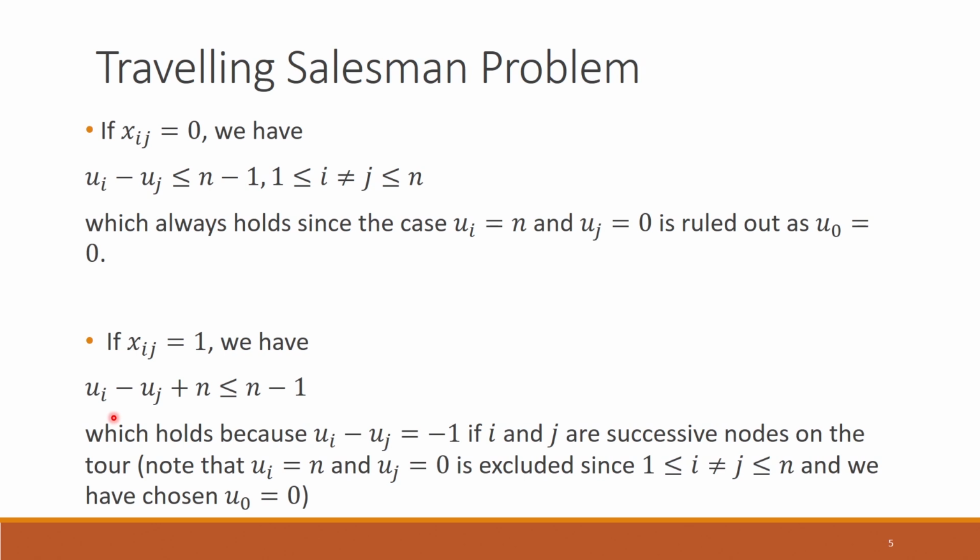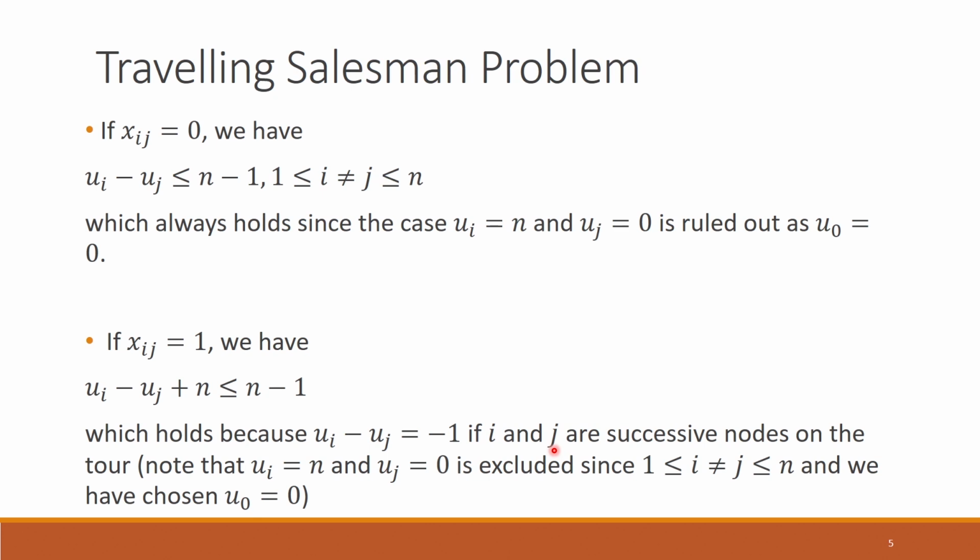So, you will see that if you have such a pair of nodes from i to j where xij is equal to 1, that is, we are going from node i to node j in this tour that is given, then the u value for node j will be exactly 1 greater than the u value of node i. Okay. Only this condition will not be satisfied when you are coming from the last node in this tour to the node 0 from where you started.